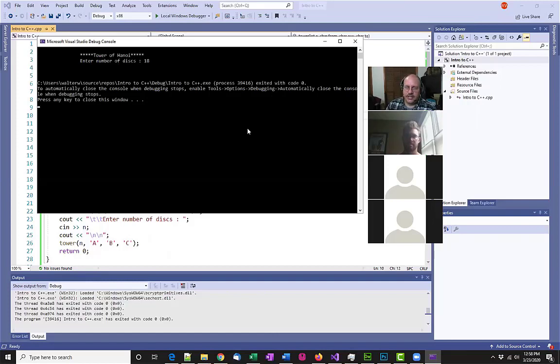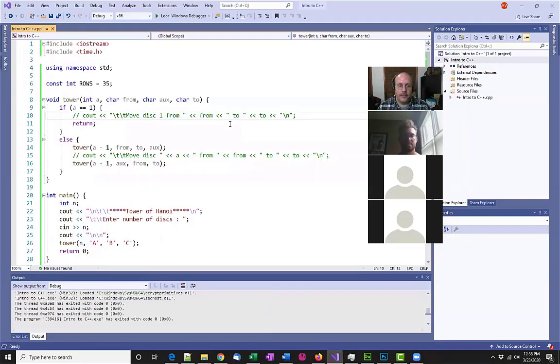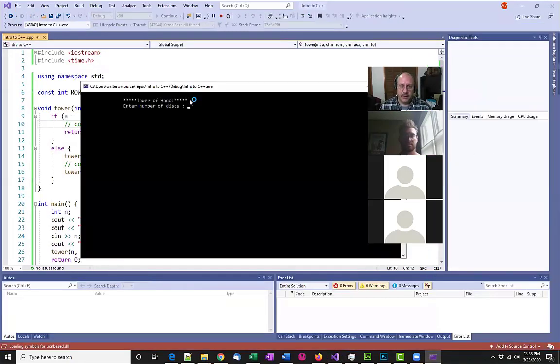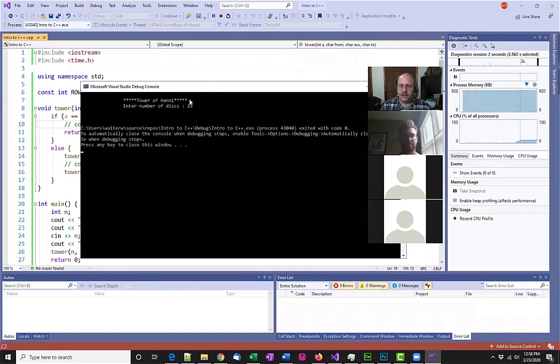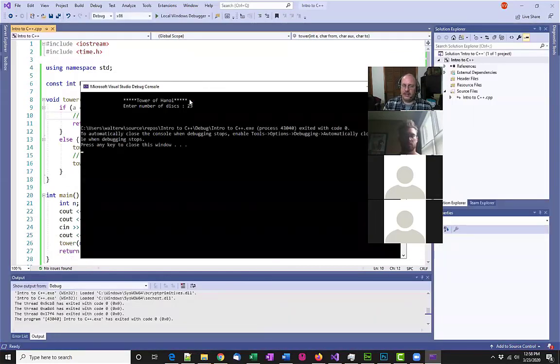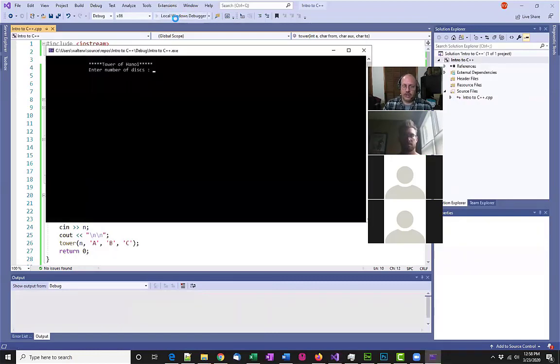Do I need to do that again so you can see it? Okay, so you get an idea of how slow your I/O is. What's fun is I can come in here and say, oh, let's do 25, and 25 is a lot, and you saw how quick that was.